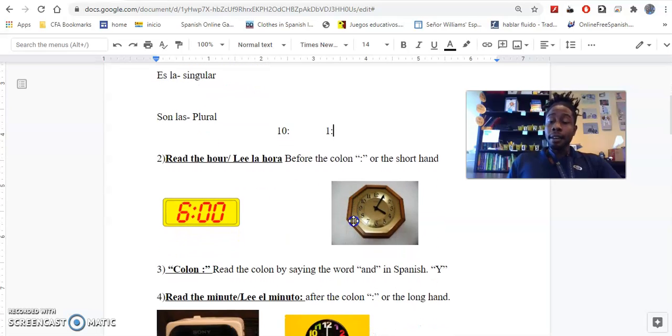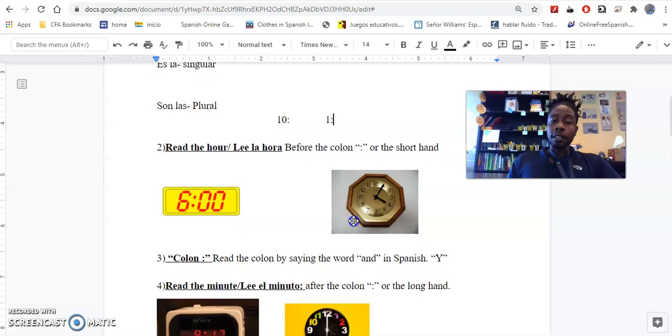Our second step in reading the clock is we have to read the hour now. And we've already gone ahead and said that es la 1 or son las 10. This is going to be the part of your time that is before the colon, if you're reading a digital clock like this one, or it's going to be the time that your shorthand on an analog clock is pointing to.